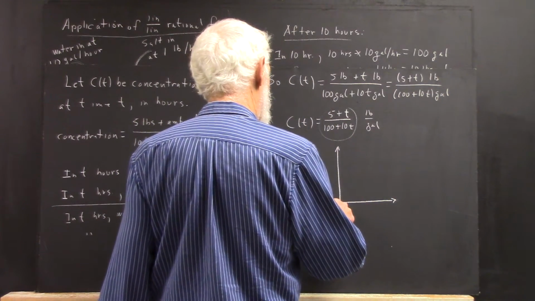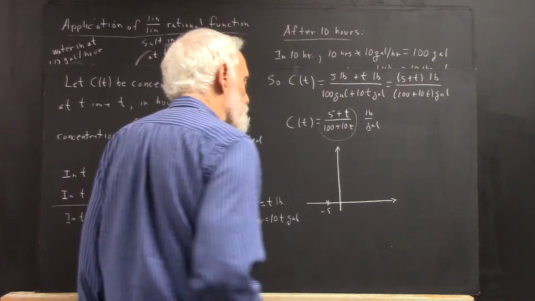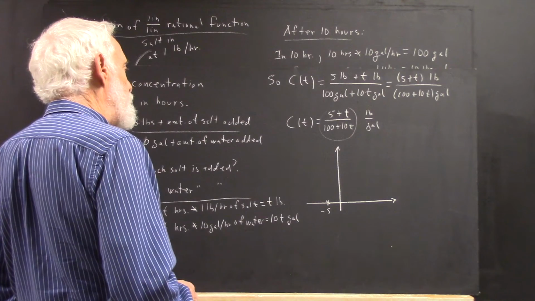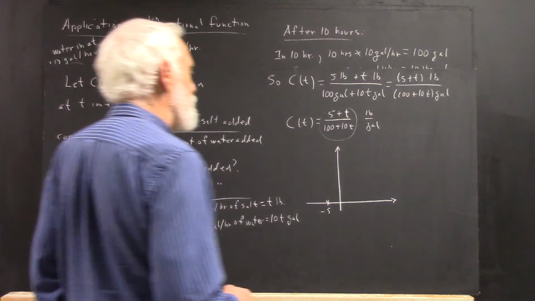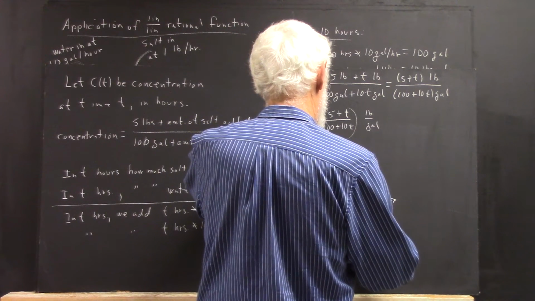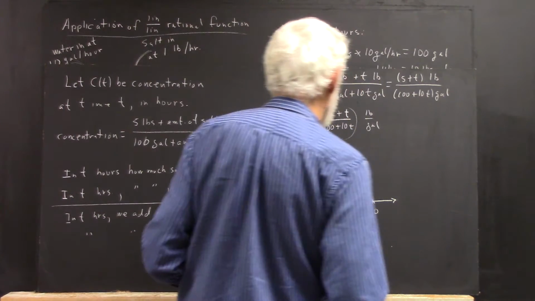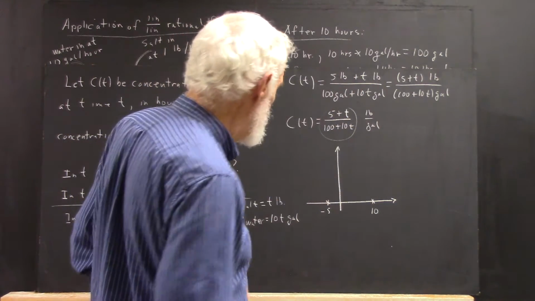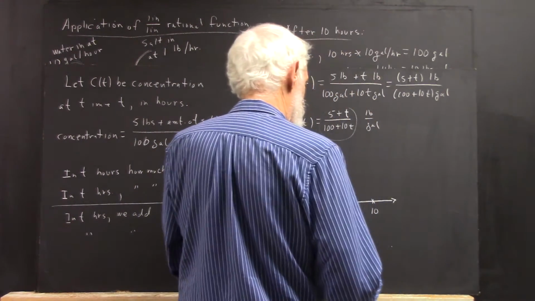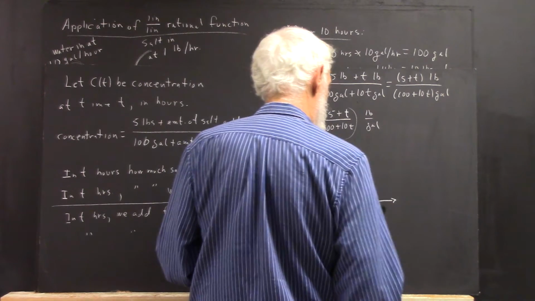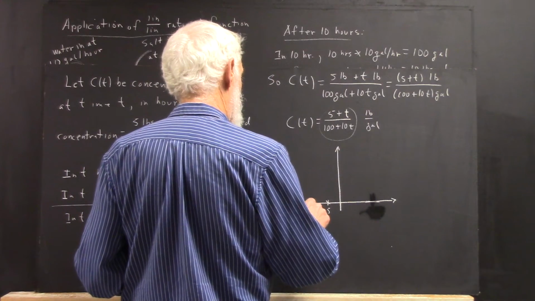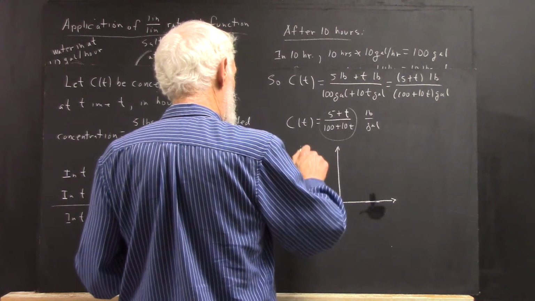Okay, when t is -5, the graph has to pass through 0. When t is -10, we're going to have a vertical asymptote.